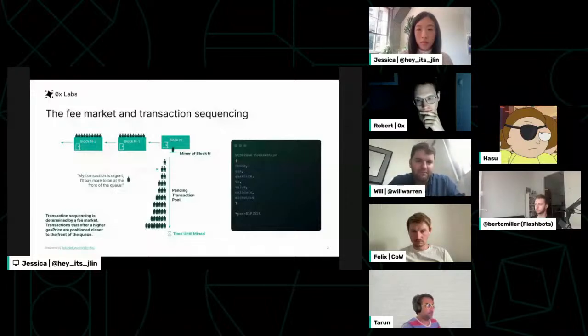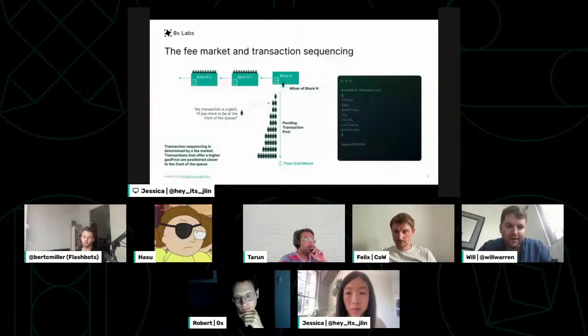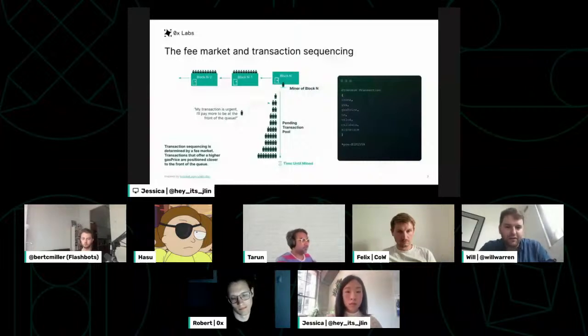The Ethereum network has a limited amount of block space in which transactions can be placed into a block. Before transactions are mined into a block on the Ethereum blockchain and finalized, they sit in what's called the pending transaction pool, or the mempool, waiting in line to get to the front.